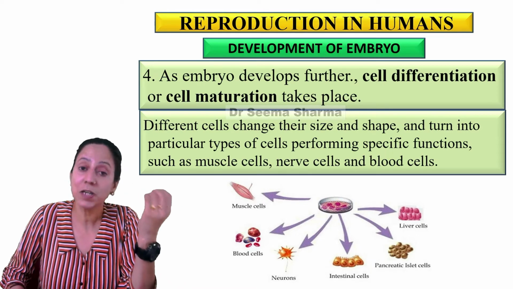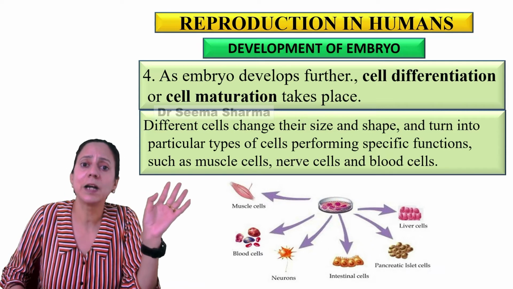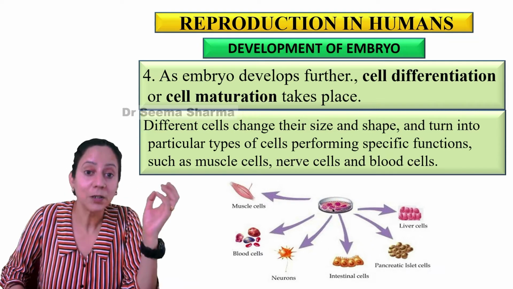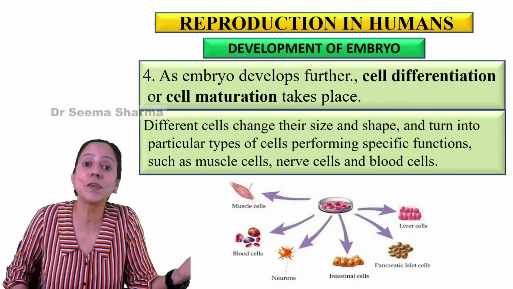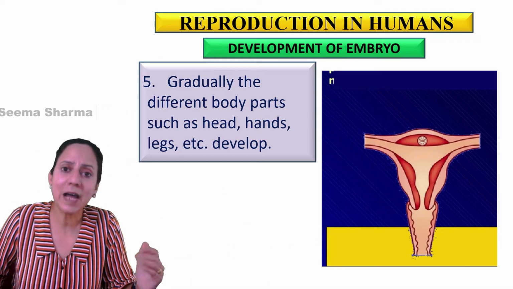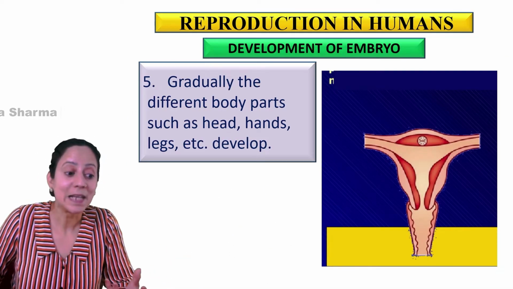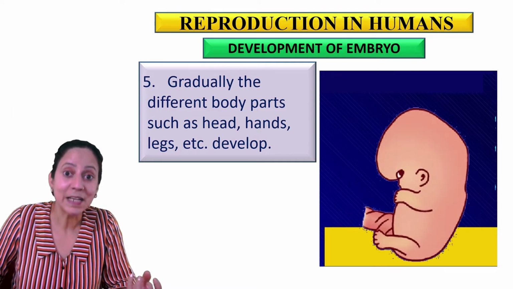Stem cells are very important cells. This group of cells has the ability to form any kind of cell of the human body. During cell differentiation and maturation, these stem cells get different duties to perform within the developing embryo, and gradually body parts like head, hands, legs also start developing and taking shape.